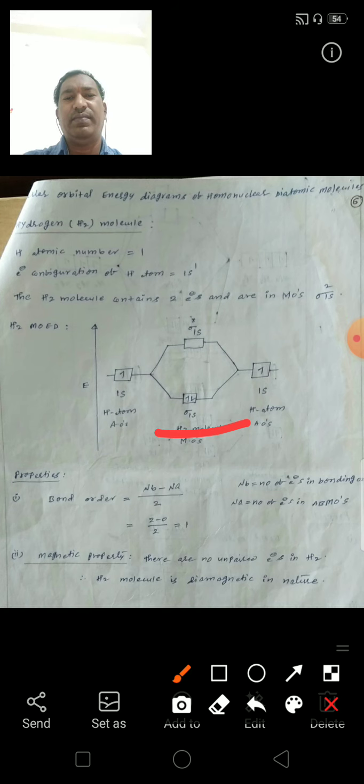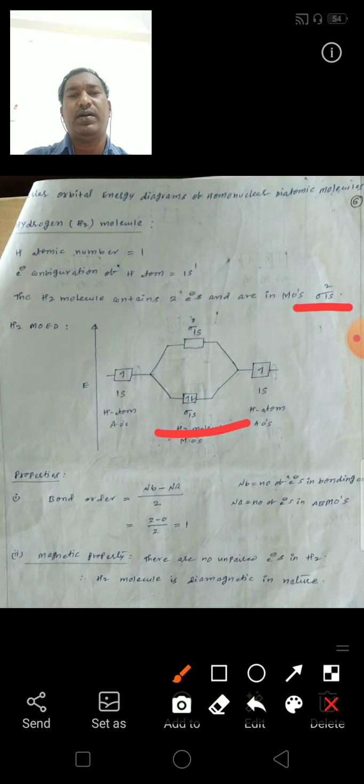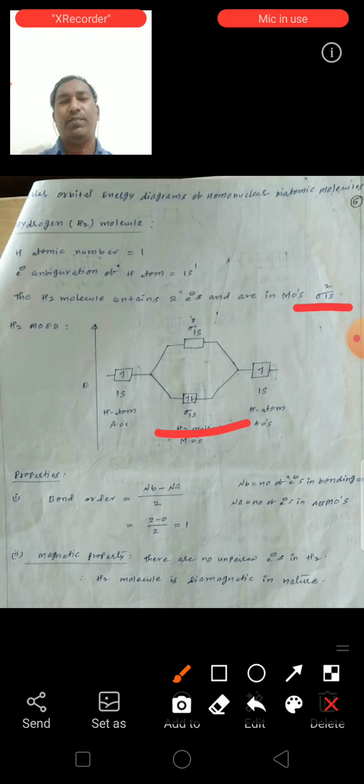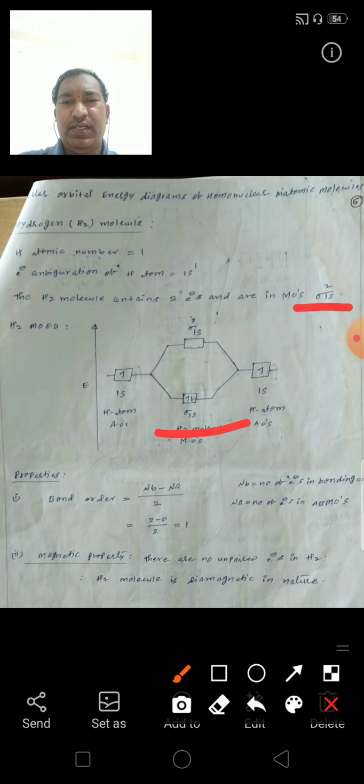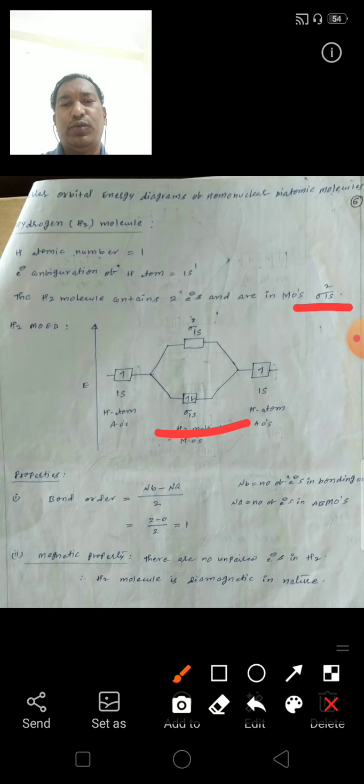In the molecular orbital energy diagram, orbitals without a star are bonding molecular orbitals, and orbitals with a star are antibonding molecular orbitals. In hydrogen, 2 electrons are in the bonding molecular orbital, so 2 minus 0 by 2, that is 2 by 2, equals 1. So the bond order is 1.